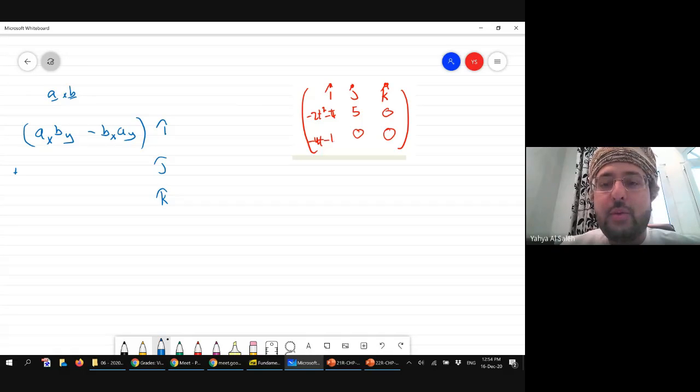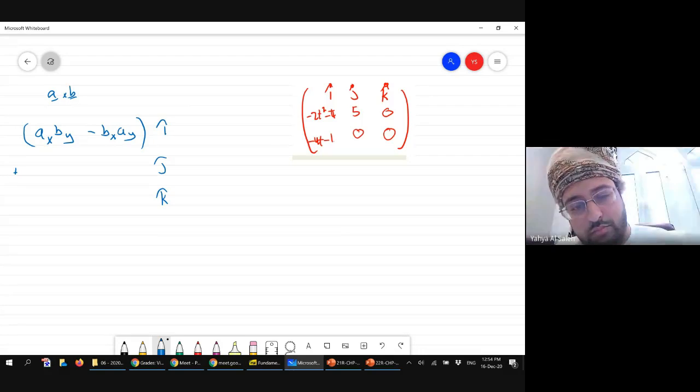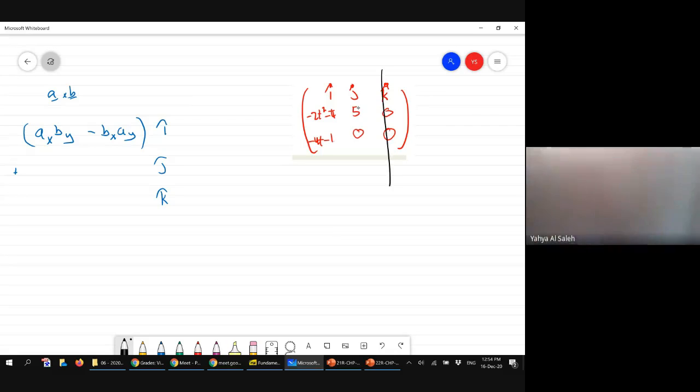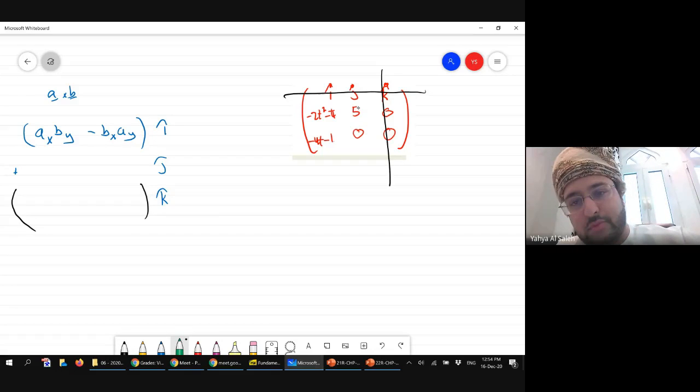Now, the only thing we have here without all zeros taking over is i cross j. I will cross k away for the k component. I have these two.